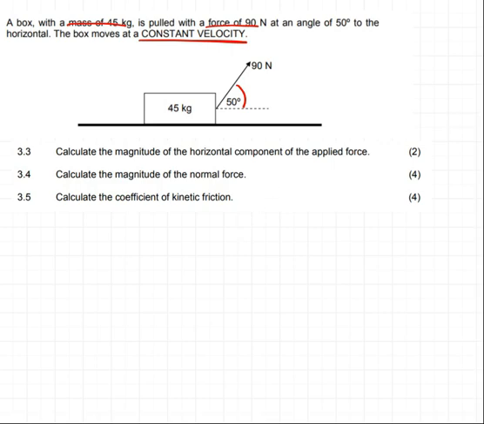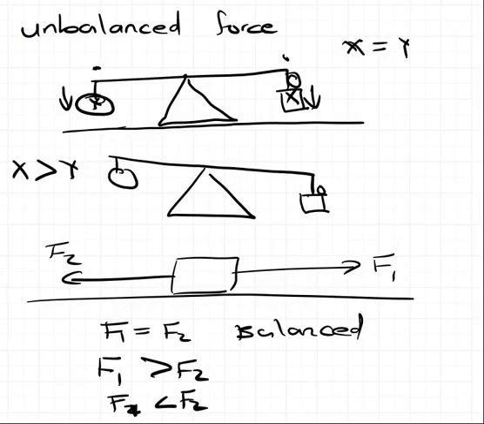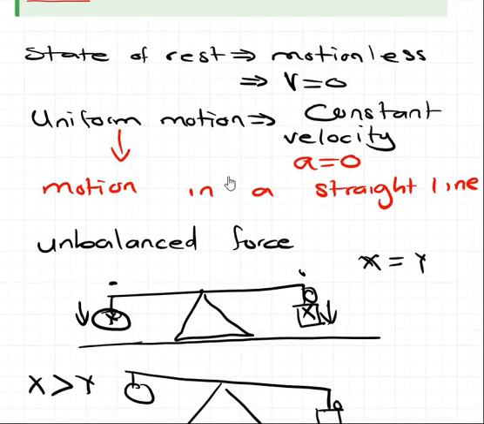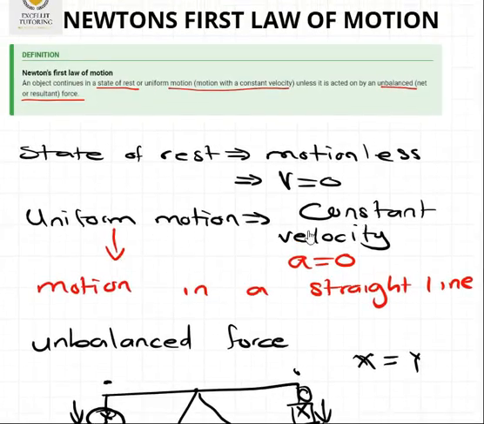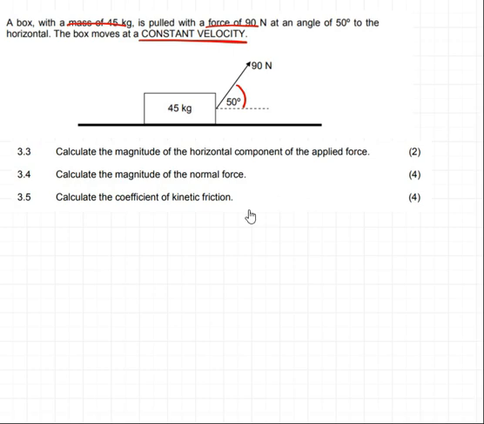Like we said previously, an object with constant velocity simply means that acceleration is zero. So we can therefore classify the problem we have under Newton's first law. Then the first question says, calculate the magnitude of the horizontal component of the applied force.